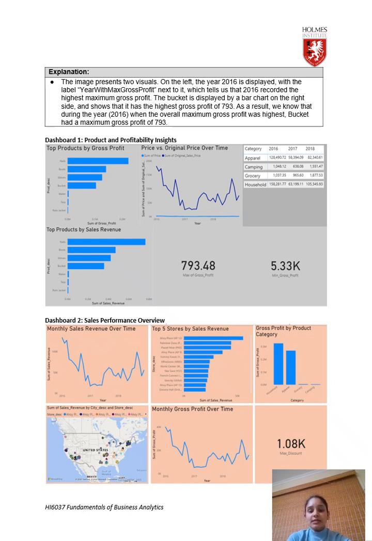And another one is the monthly gross profit over time. This line graph tracks changes in gross profit on a monthly basis. So overall, the maximum discount is 1.08k. It suggests the highest discount given to customers during this period.